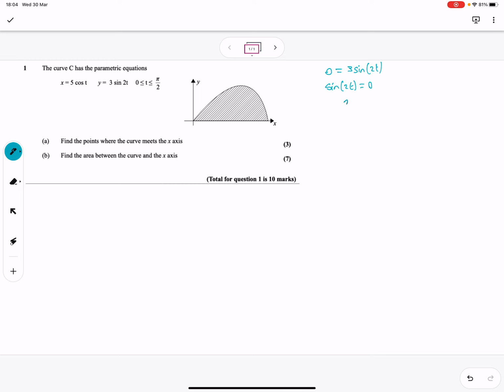Which means that 2t is equal to 0, because inverse sine of 0. So 2t is equal to 0, but it can also be equal to 180, but in this case, pi.